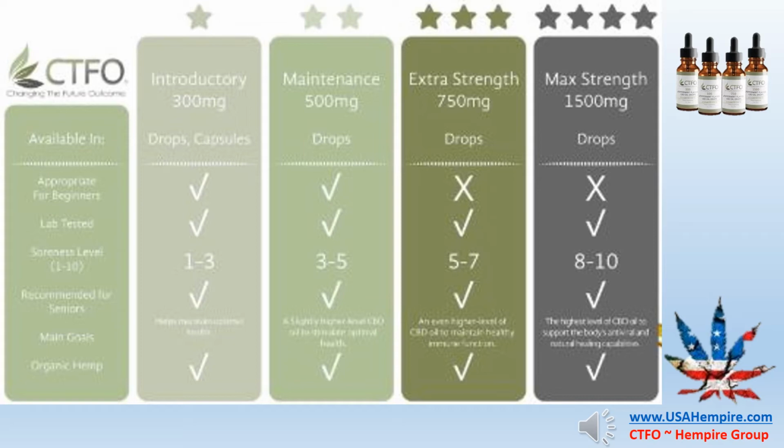It points out that they all come in drops, plus our 300 milligram comes in capsules. What are they saying is appropriate for beginners, newbies, never done it, and don't know where to start? They're saying start off in the 300 or 500 range and just get a feel for how your body reacts to it, right? Every single one of them has been lab tested.